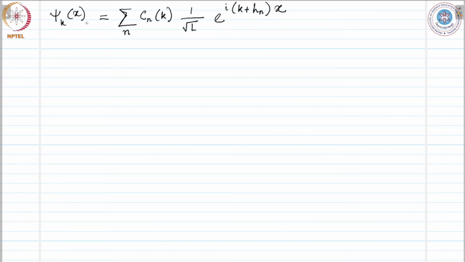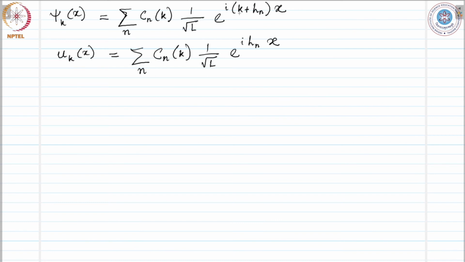Now, it is convenient to introduce a new function u k x, which gives us the sum over n of Cnk times 1 over square root of L, the normalization constant, e power i hn x.